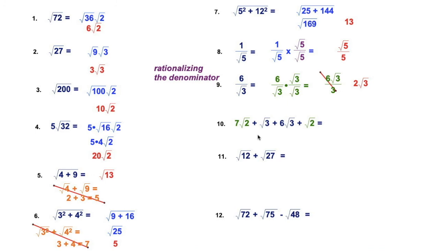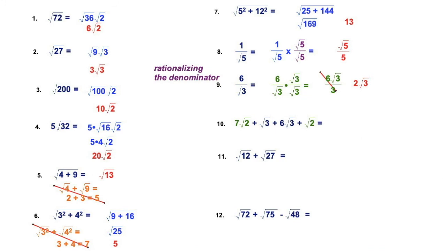What if I had 7x plus y plus 6y plus another x? You can combine the like terms. Oh yeah, remember that? 7x plus x, that would be 8x. 1 giraffe plus 6 giraffes, 7 giraffes.